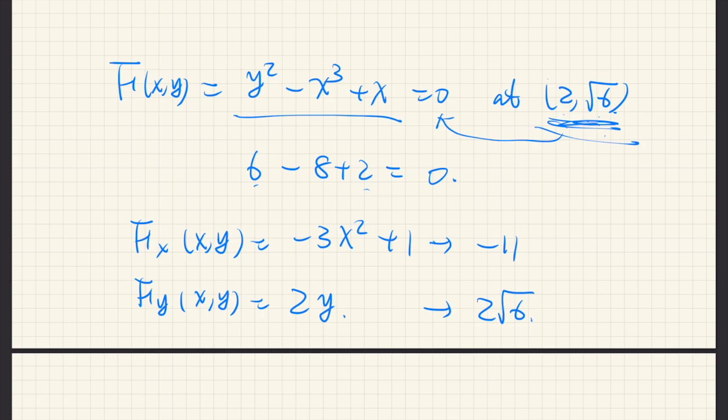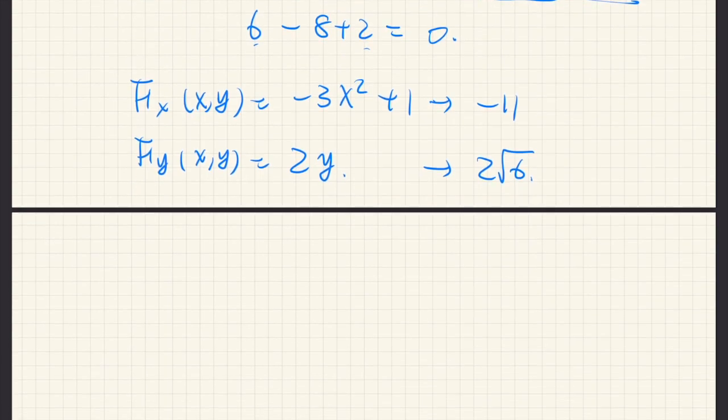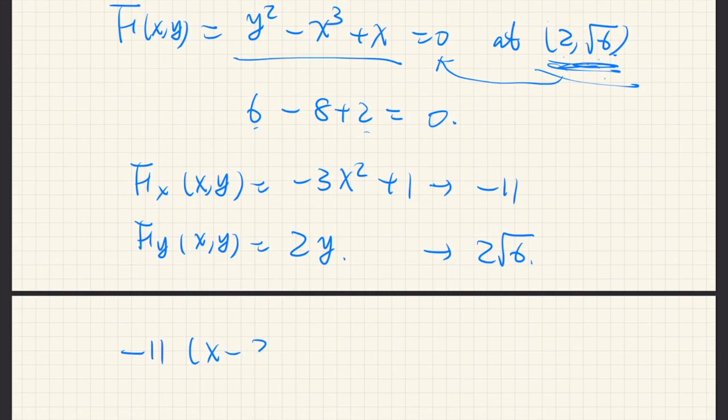So the equation of the tangent line is given by negative 11 times (x minus 2) plus 2 square root of 6 times (y minus square root of 6) equal to 0.